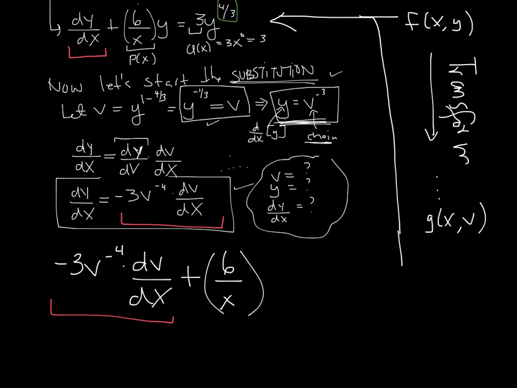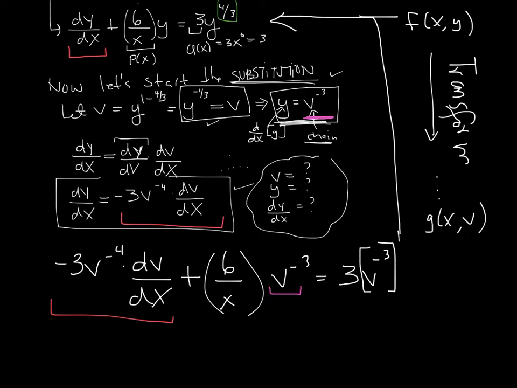I'll use a different color here. My y was right here, v to the negative 3, equals 3, and again, y, which we know is just v to the negative 3, but we are raising that to the 4/3.